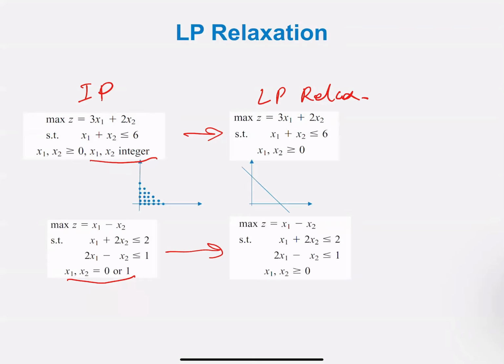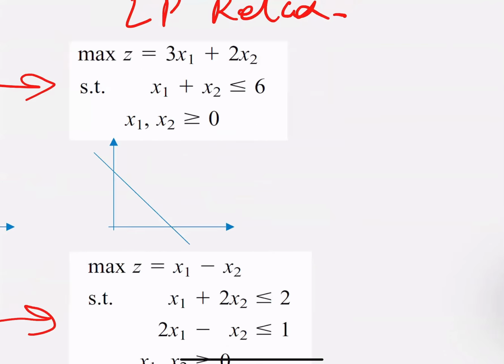If you have an LP problem similar to what we had before, this is your feasible region. You have x2, x1, and you have this constraint x1 plus x2 less than or equal to 6, and your feasible region is to the left. So that's your feasible region, that entire triangle.